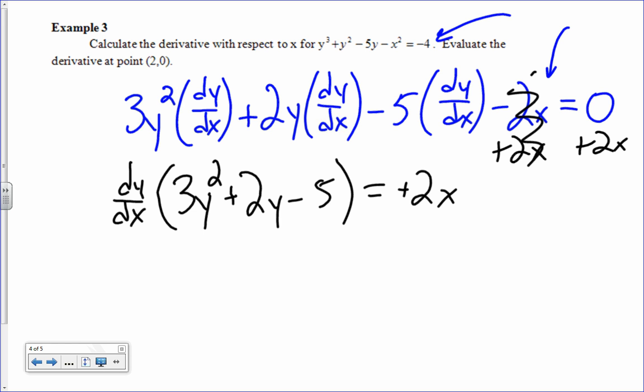Boy, I wonder what the derivative is. Yeah, it's kind of tricky. Oh, we could get dy dx by itself by dividing by all of that stuff in parentheses.